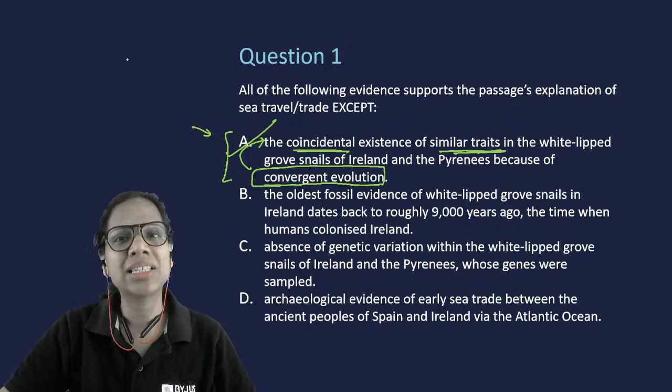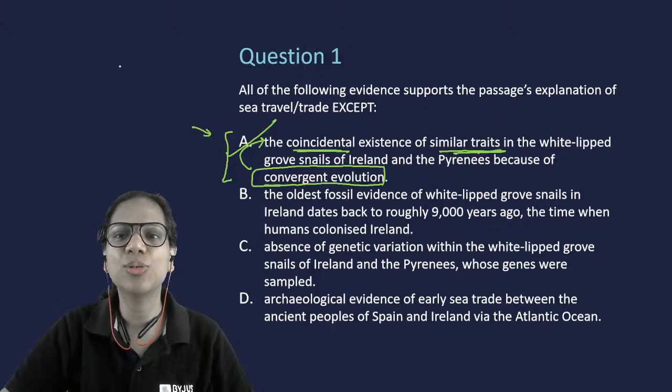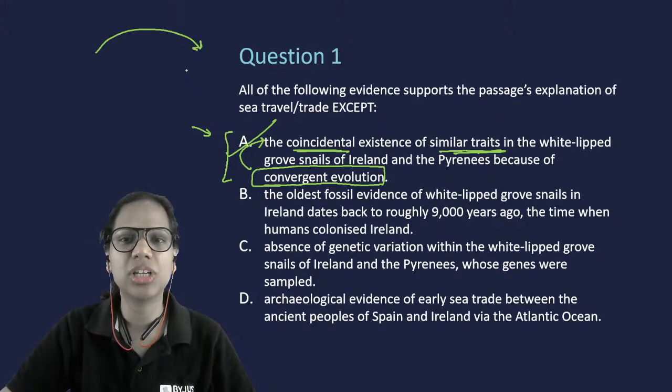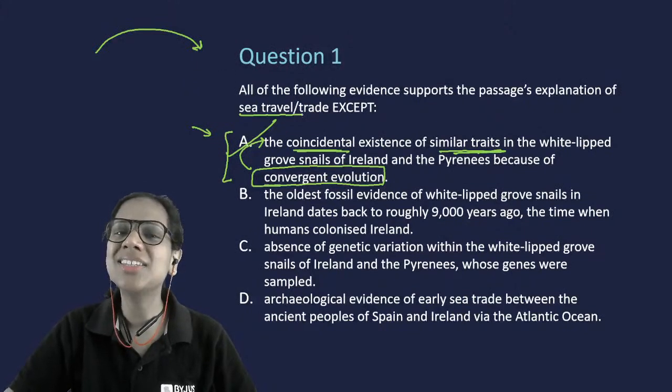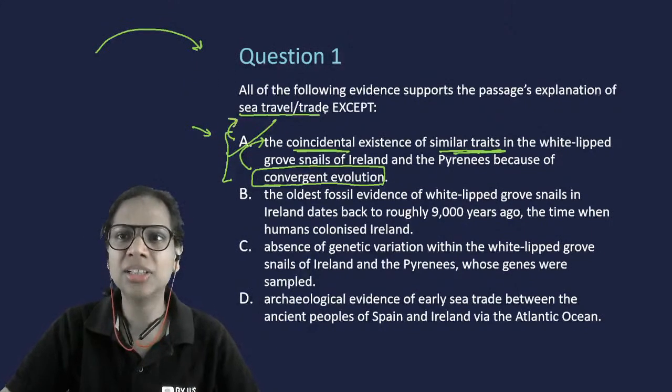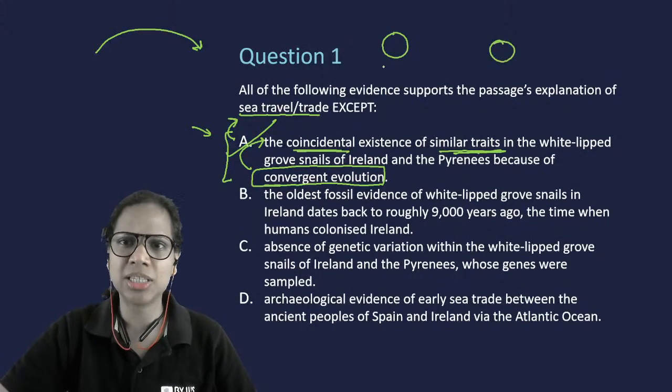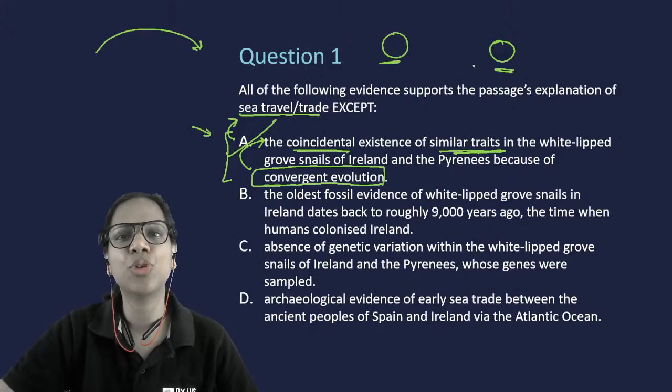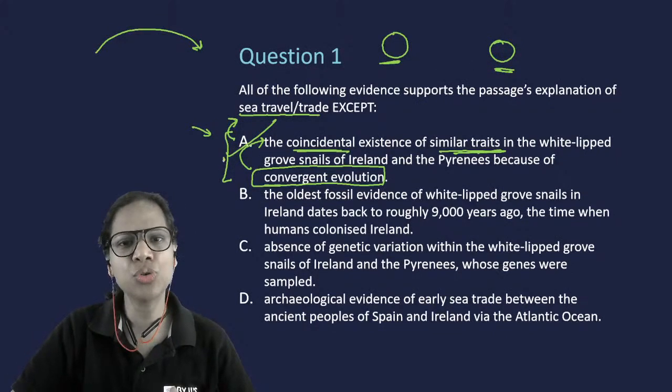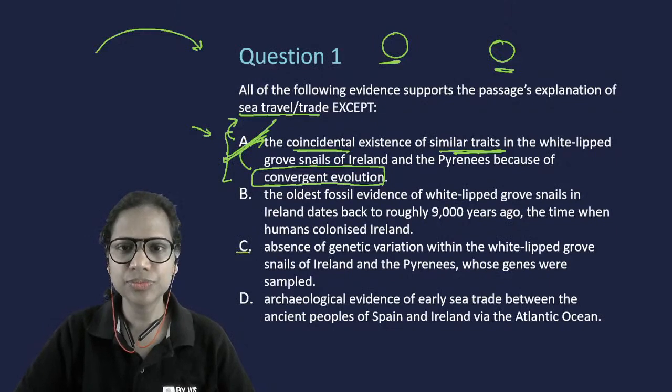No, the entire passage is trying to point to the fact that it's not an accident that they have similar traits. They actually went from one place to the other. So, this does not support the explanation of sea travel or trade. This rather says there was no travel or trade. They were born at different places. It was just a coincidence that they evolved similar traits. So, A is our answer. Correct.